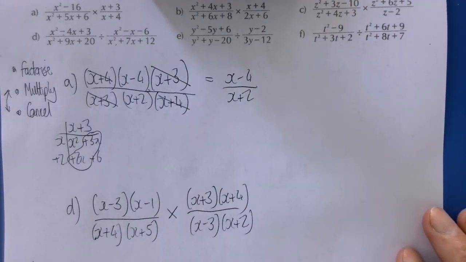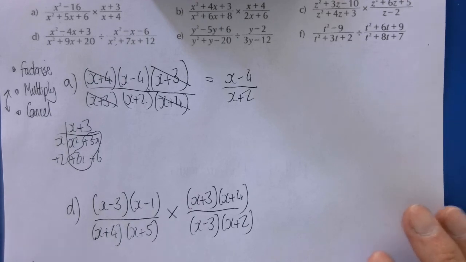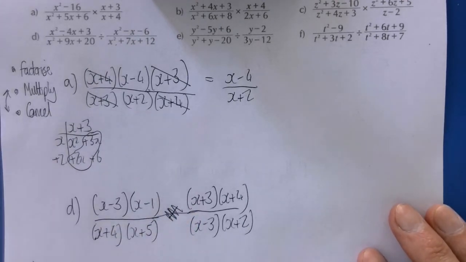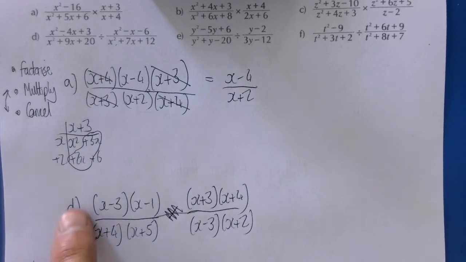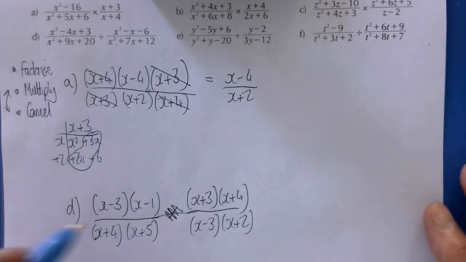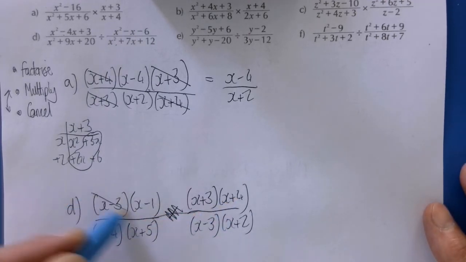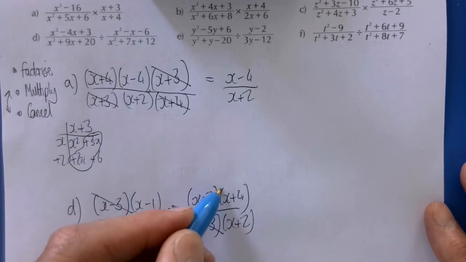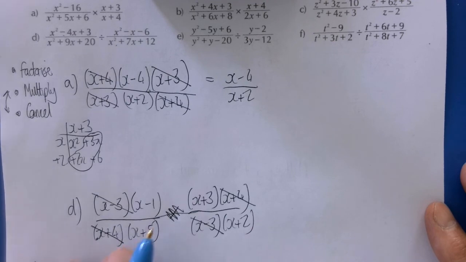So now I'm going to do my multiply stage, which basically means I'm going to take that out. So it just becomes that times that times that times that over that times that times that times that. And now I'm going to do my cancelling stage. So it's all one thing on top, one thing on bottom, so I can say, right, cancel that out, cancel that out.